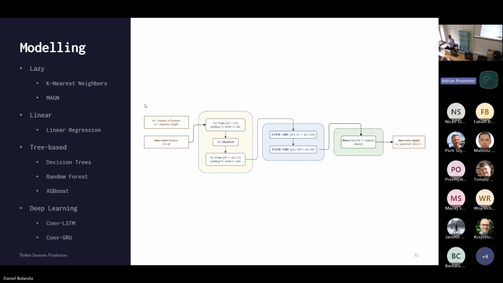Then those compressed and denoised features are passed to LSTM or gated recurrent unit cells to model temporal dependencies between them. This is a very popular architecture, and it works really well in many scenarios, not only pollen prediction. I can assure you that it works, for example, on financial data. I do something in the crypto market, and this is a real business, and it works. So using convolution plus some sort of temporal modeling, maybe attention, maybe something else, it works really well.